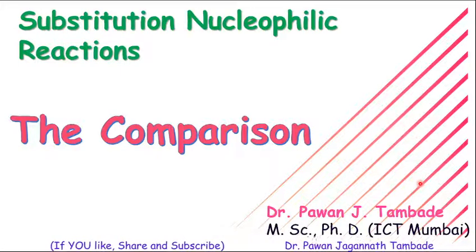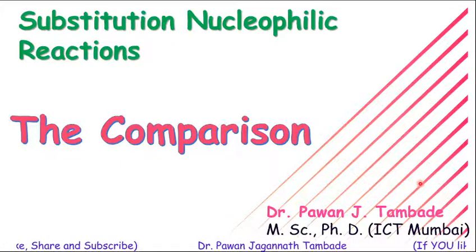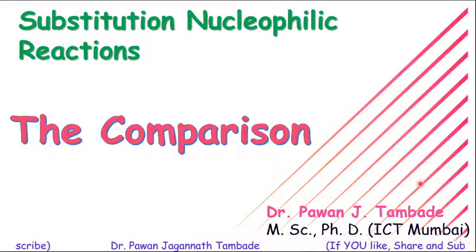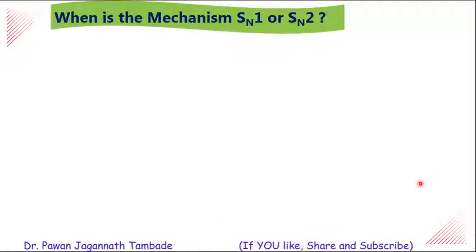We have also explored stereochemistry involved in SN1 and SN2 type of reactions. So in this video lecture, we are going to do comparison between these SN1 and SN2 reaction.